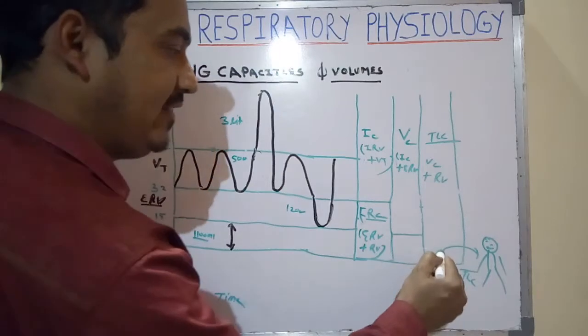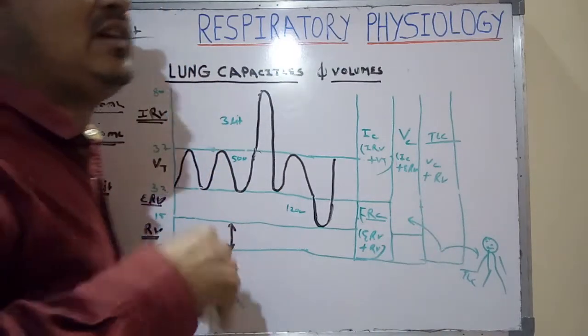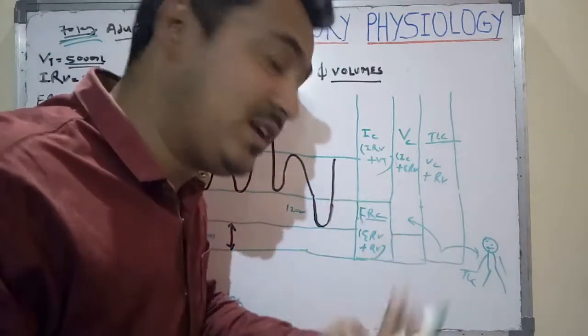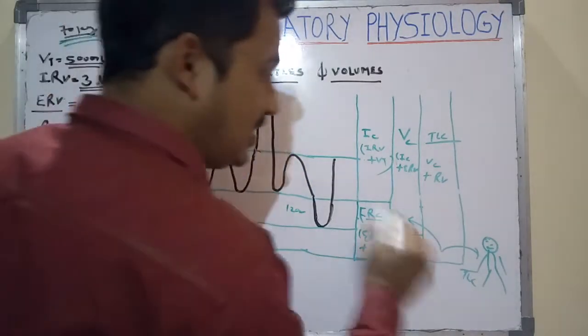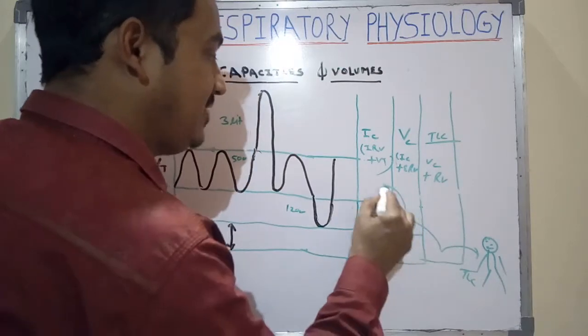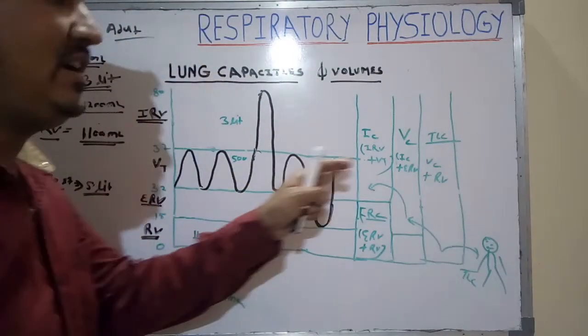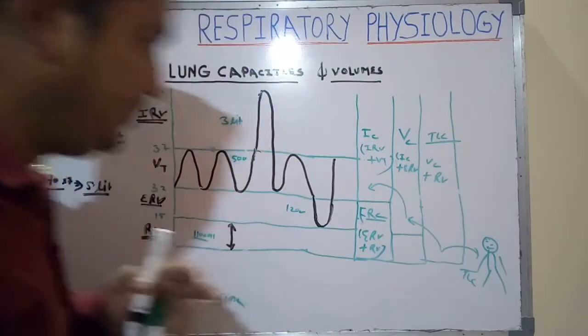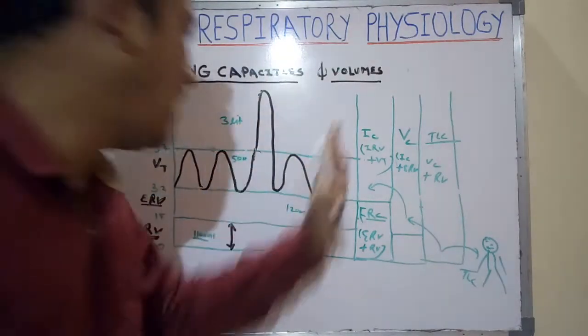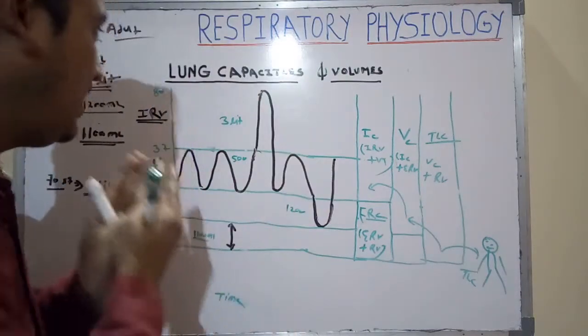Then he finds that residual volume can never be added, so he will get here. Then that person will jump here when he finds the inspiratory capacity at the top of all. In this way the lung capacities are measured from these lung volumes.